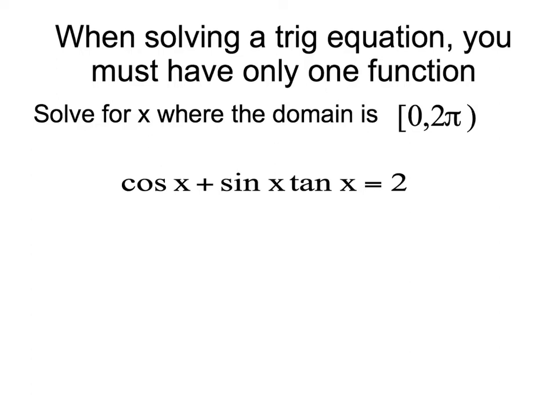So this is going to use our trig identities that we worked on on the previous quiz. And so we need to simplify this cosine, sine, and tangent so that we only have one trig function. I see tangent in there that has both sines and cosines. So let's change everything in terms of sine and cosine.